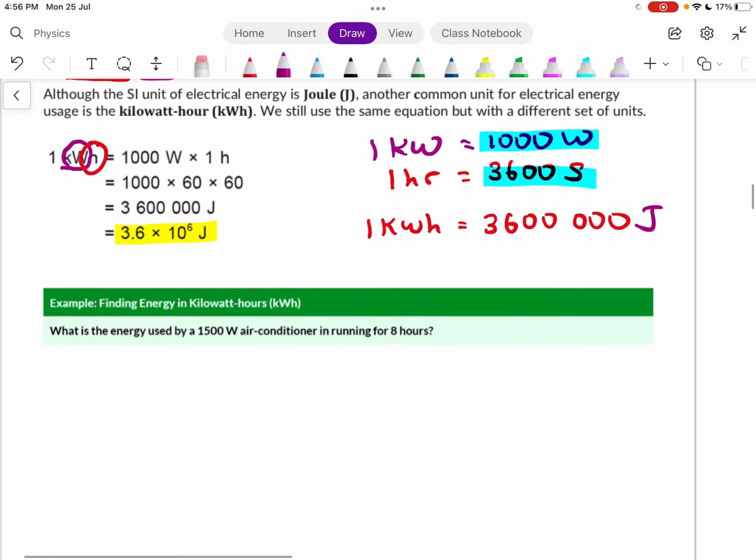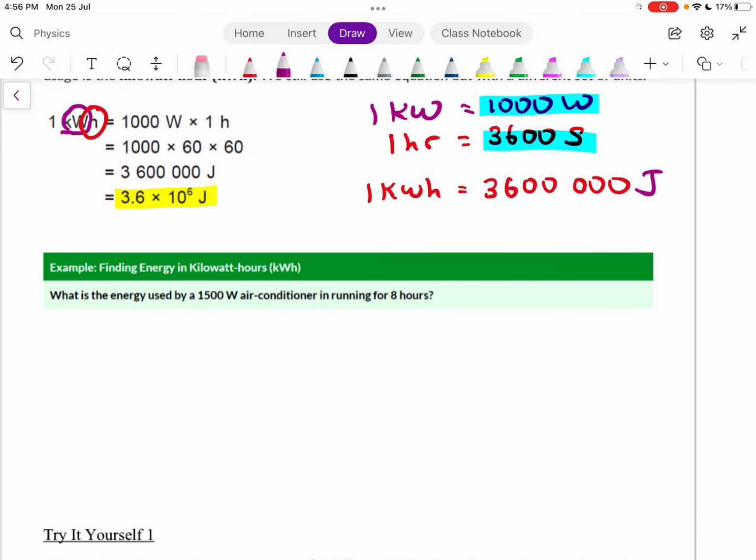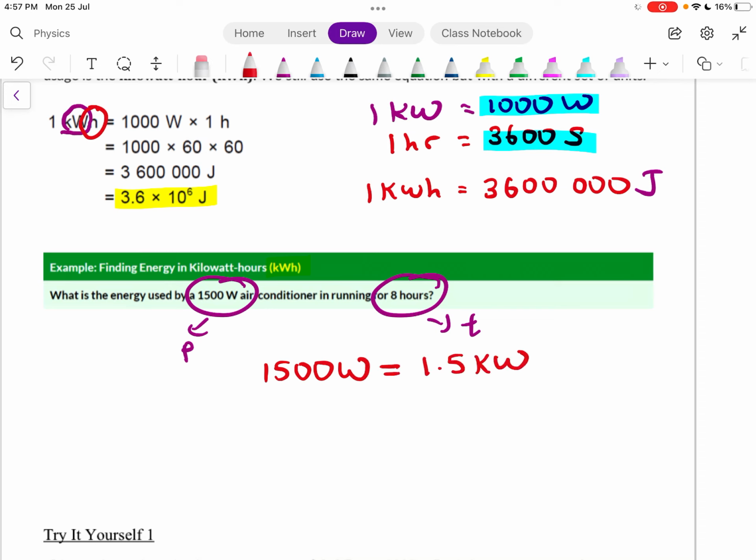Okay, so let's calculate energy in kWh. What is the energy used by a 1500 watt appliance running for 8 hours? We are given a power in watts, and 8 hours is the time. First, we want to find energy in kilowatt hour, so it's very important that you convert your power to kW first. 1500 watts is equal to 1.5 kW.